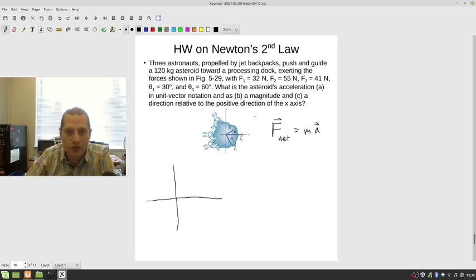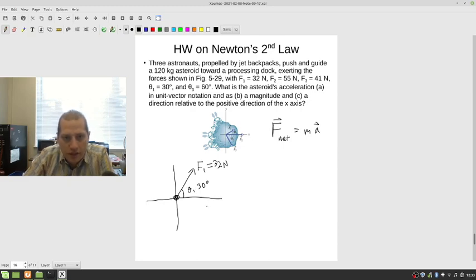It says three astronauts propelled by jet backpacks push and guide a 120 kilogram asteroid toward a processing dock, exerting the forces shown in the figure. Okay, so we have F1, 32 newtons at an angle of 30 degrees.